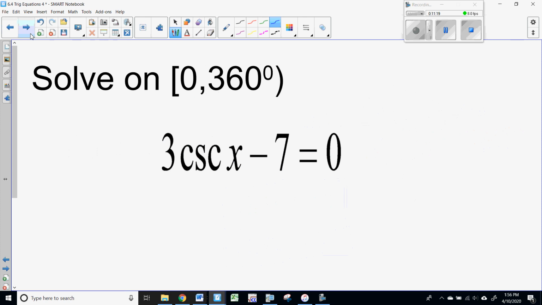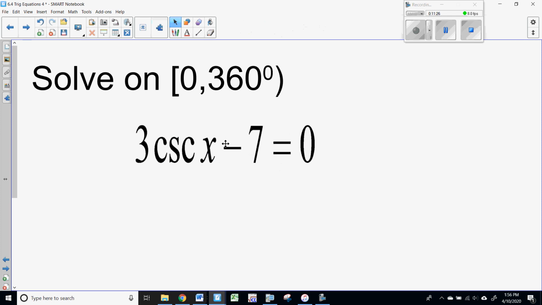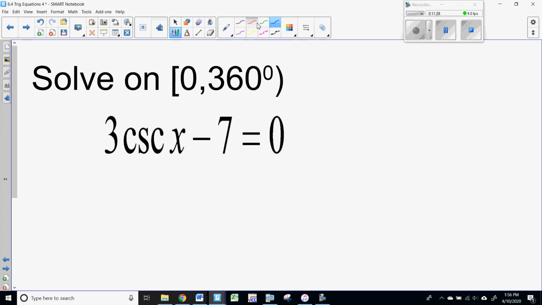Now let's say we have something like this. This is about as hard as it can get: 3 cosecant of x equals 7. So if you remember when we did these before, first I'm going to divide by 3, and then I flip both sides, and then I get sine of x is 3/7.